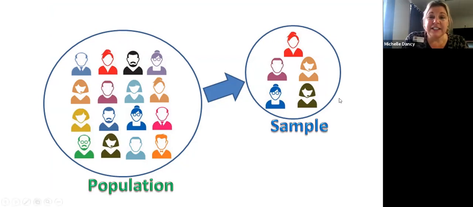And if 75% of my sample says they recommend Colgate extra whitening, then I can use inferential statistics to say, well, alrighty then, the whole population, I can assume that 3 out of 4 of them also would recommend Colgate Extra Whitening.